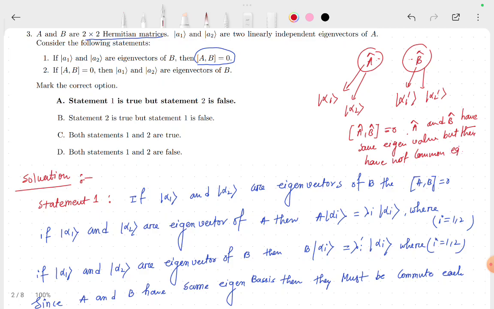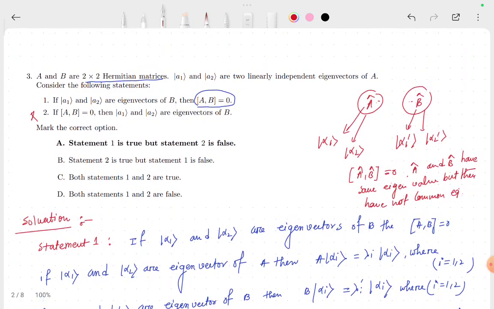So it means statement 2 is wrong. But if these two operators have the same eigenfunctions, then they definitely commute with each other.